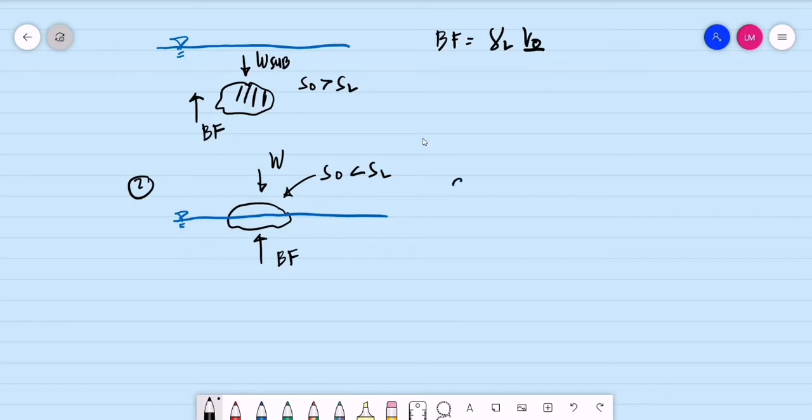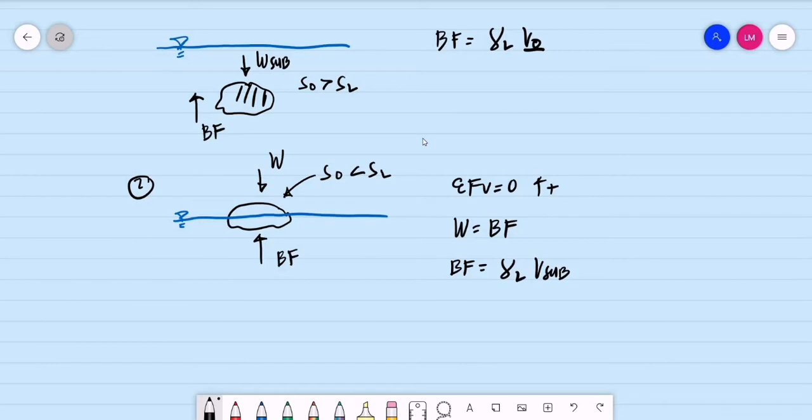For this case, if you are to do summation of forces vertical equal to 0, upward forces to be positive, for this object to be in equilibrium, basically the weight is simply equal to the buoyant force. And how do we compute the buoyant force for this case? That is the unit weight of the liquid multiplied by the volume submerged.